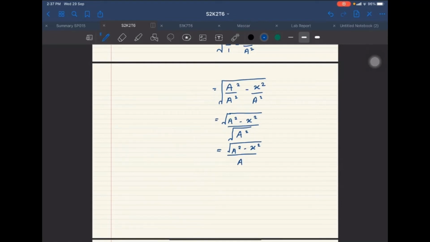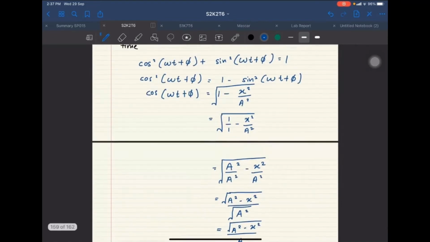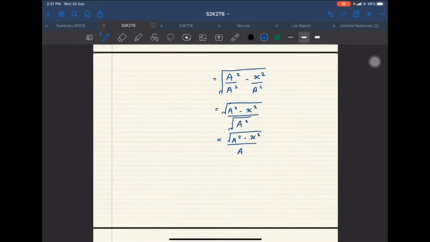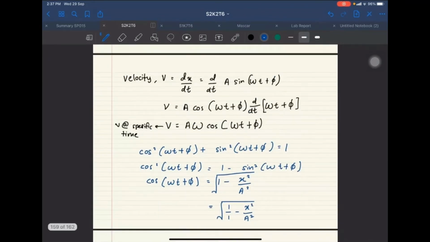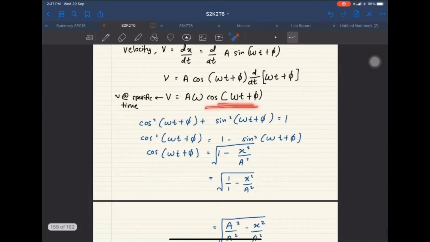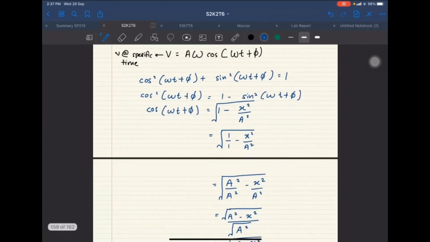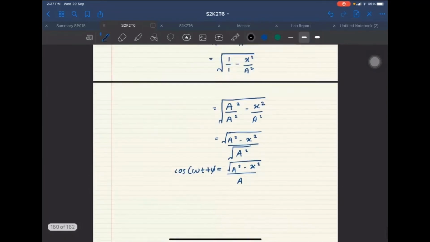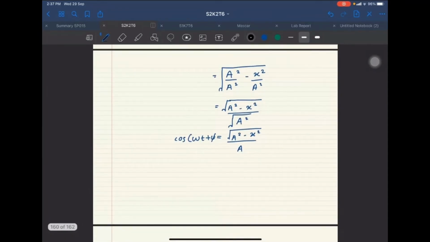Okay, now this is about cos omega t tadi. So obviously I can substitute back inside here. Okay, so I substitute this one, so it becomes v equals to A omega, yang asalnya adalah cos.